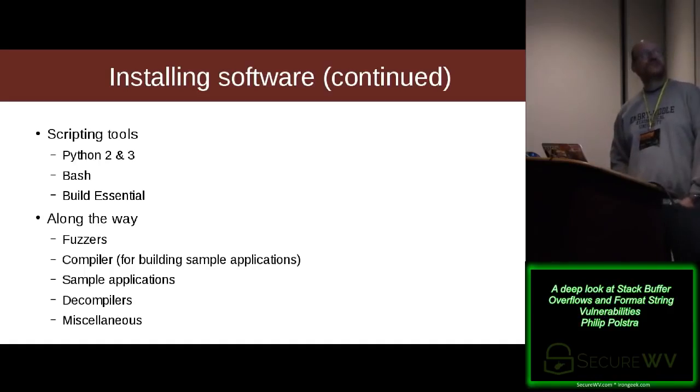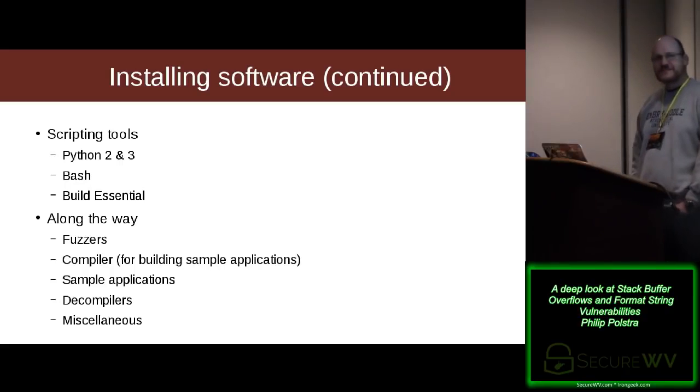Some scripting tools, of course. Python 2 and 3. Python 3 is starting to come with a lot of Linuxers now. It used to be that only Python 2 was pre-installed, but I think some of the recent versions of Debian and Ubuntu come with both. Bash scripting can be helpful as well.